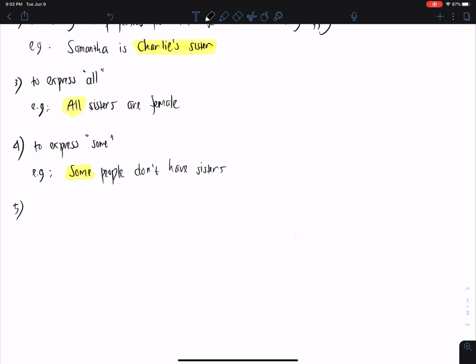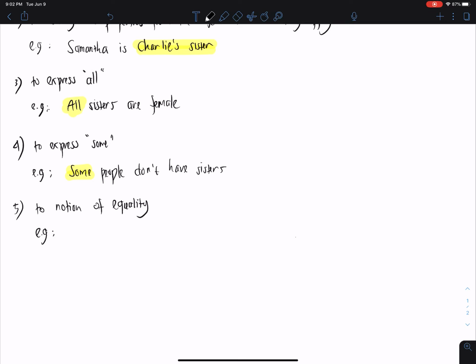Next, the notion of equality. This one also, propositional logic doesn't have a way to do that.